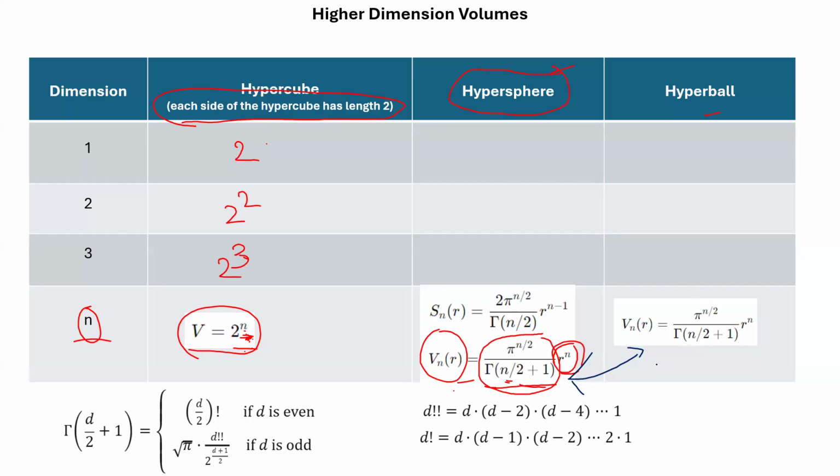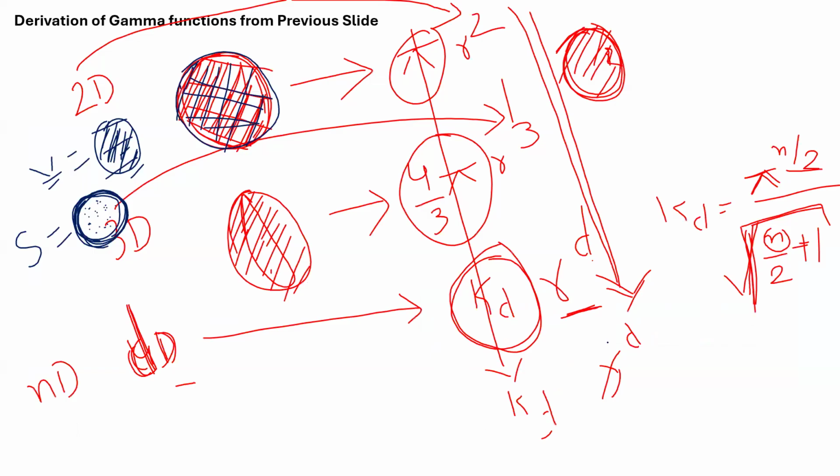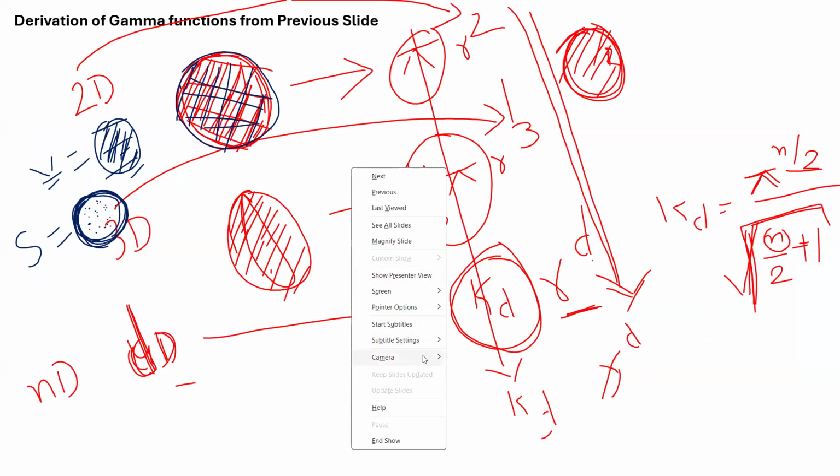Yeah, not clear. Just look at this example. We know hyperball and hypersphere, right? We need to differentiate this in two things. When you say a diagram, any diagram, let's talk about a cube.